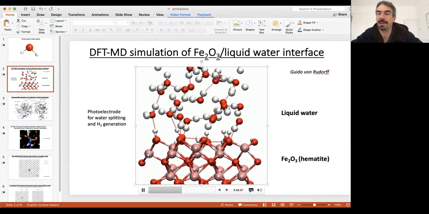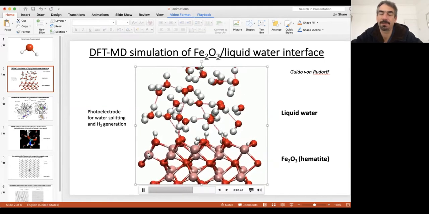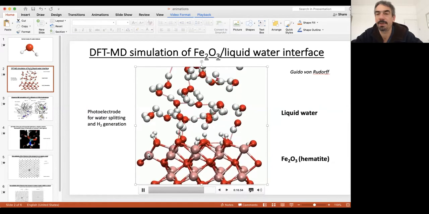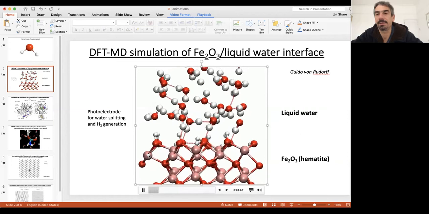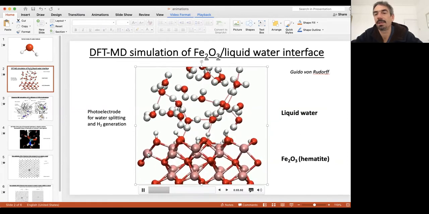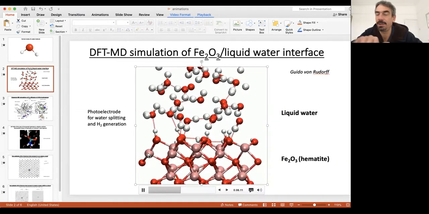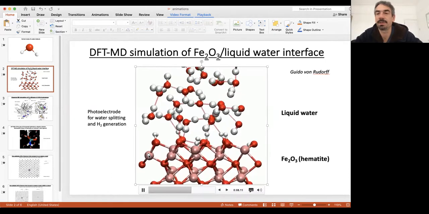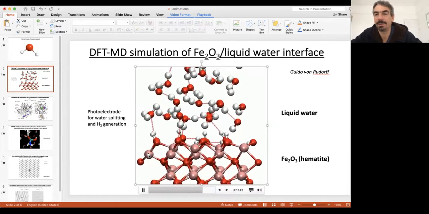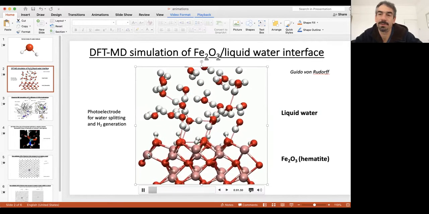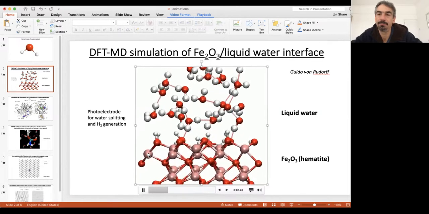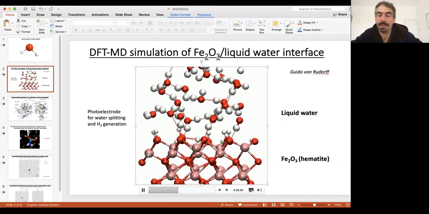So you still then have 16, sorry, it's a semi-core, so you also have the 3p electrons and the 3s. So it's a 16-electron pseudopotential in the end. So each iron has 16 electrons explicitly treated, and iron is 55 in the periodic table, so the rest of the electrons are treated with a pseudopotential. Okay, that's a good question.